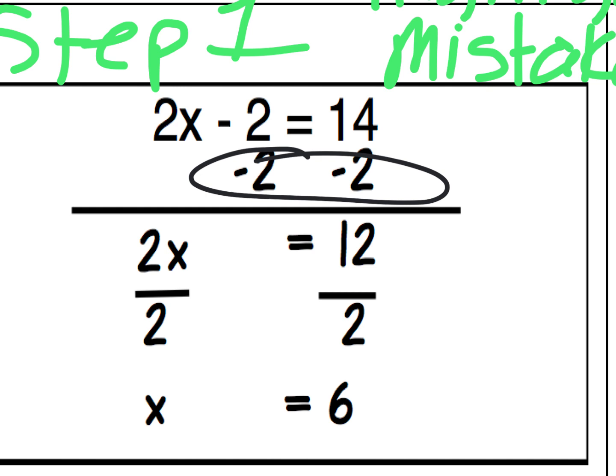What were they trying to do? Yes, ma'am. They were trying to get rid of that 2, right? Do we cancel out a minus with a minus? We do not. -2 and a -2 aren't going to cancel each other out because they're not opposites. So the first thing you should do is look at their first step and see that we should not have subtracted.